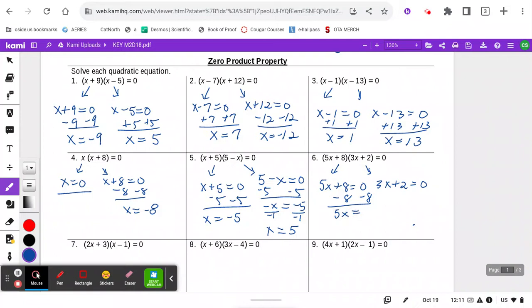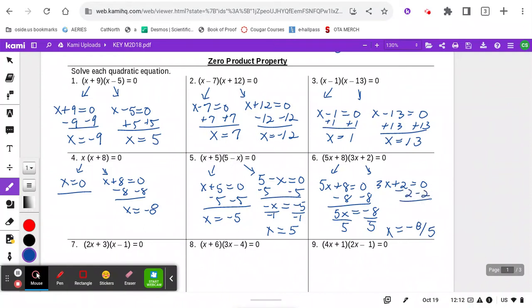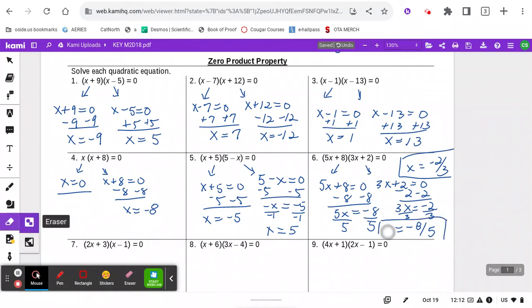We're going to be left with something like 5x equals negative 8, and you also need to divide, so we're going to get negative 8/5 and negative 2/3. So my two solutions this time come out to fractions because there is a coefficient in front of the x.